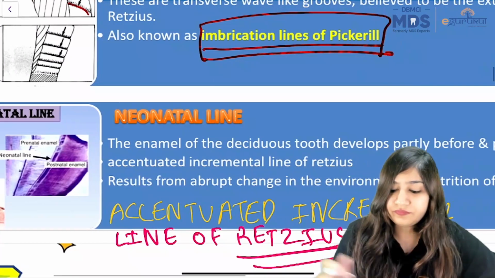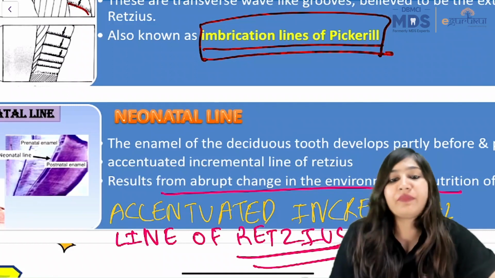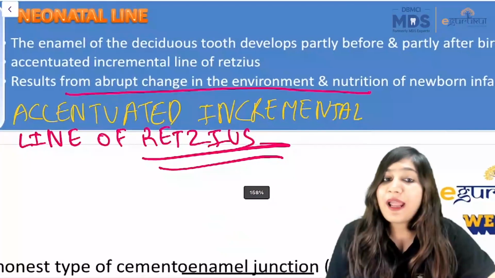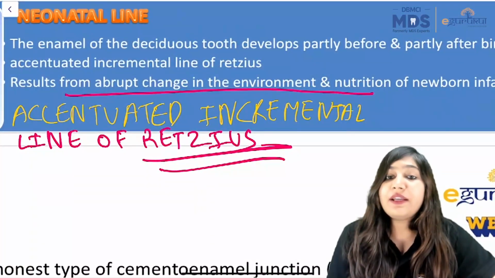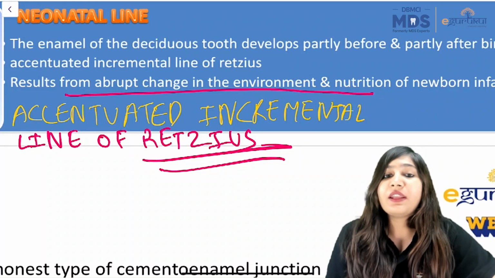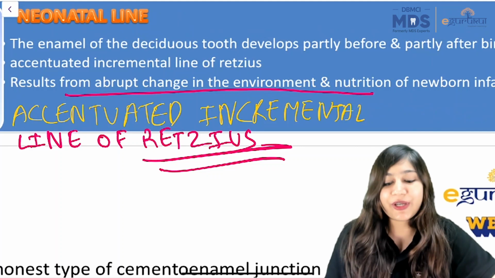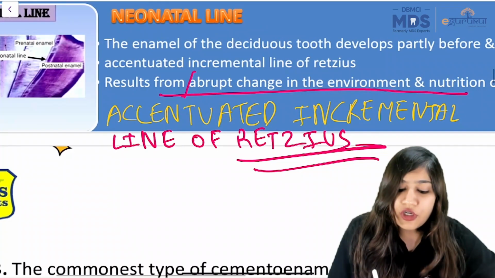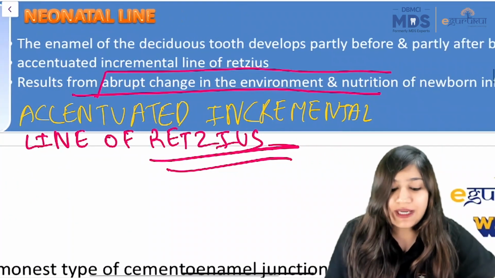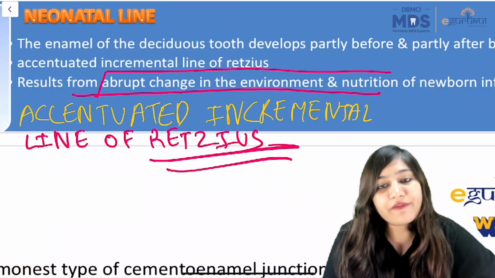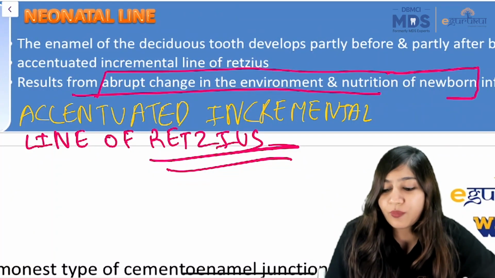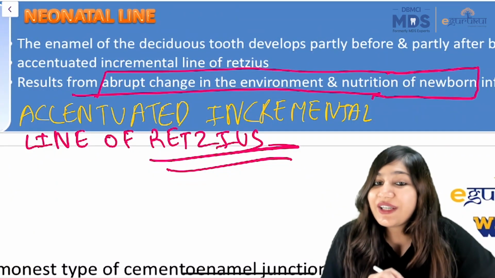It results from a disruptive change in environment and nutrition. So what is the reason of development of neonatal line? Because of change in environment and nutrition of newborn. In which teeth is neonatal line seen?